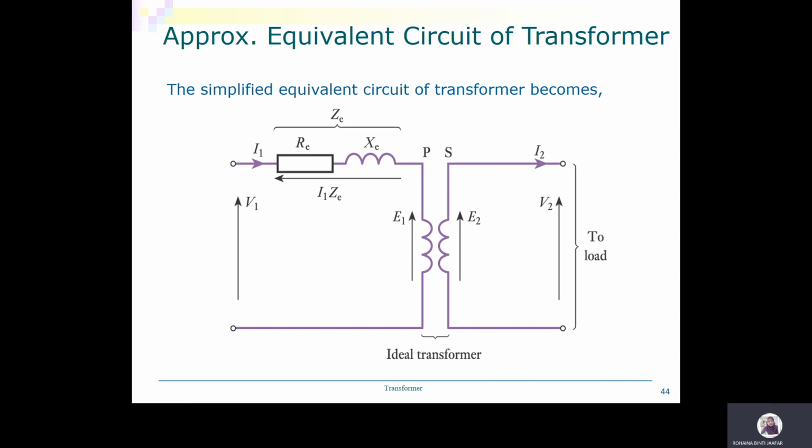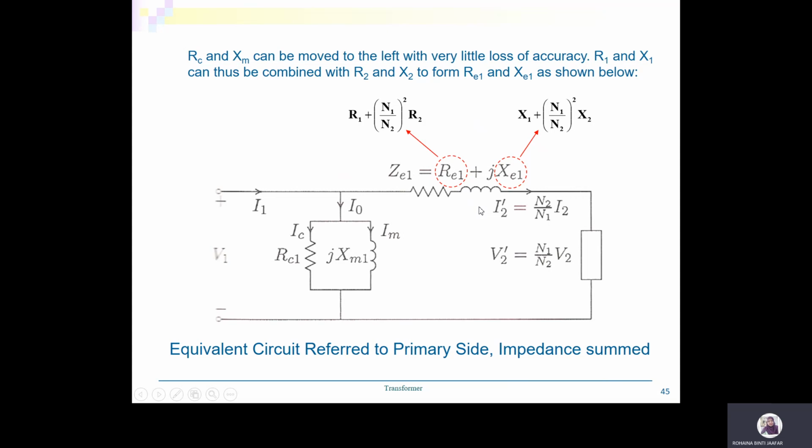This is the equivalent circuit of the transformer referred to the primary side. RC and XM can be moved to the left with very little loss of accuracy. These are the next step for the equivalent circuit referred to the primary side.